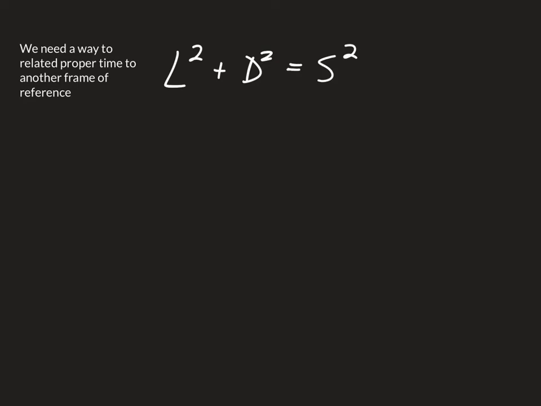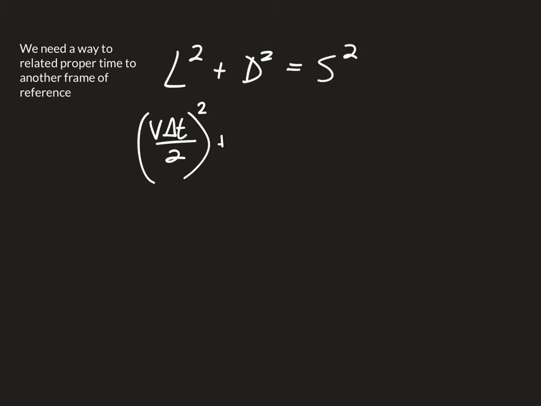So let's see what we get if we plug and chug those things into it. So each one of those equations has S, L, and D. If you just solve that 2L equation for L, you'll get V delta T over 2, and it gets squared.